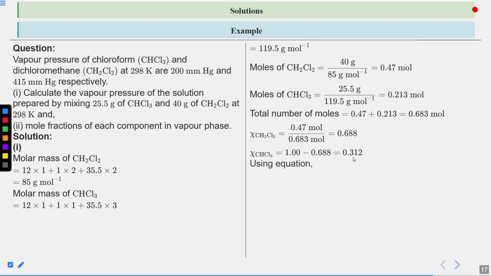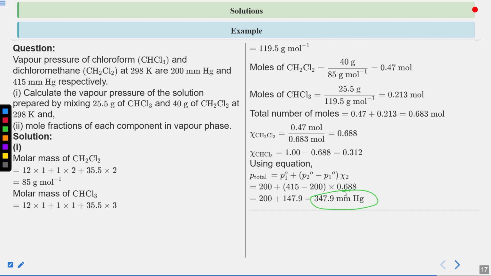Now, using the equation P total equals P01 plus P02 minus P01 into chi2, P01 is 200 mm of Hg, P02 is 415 and chi2 is 0.688. This will give you 347.9 mm of Hg.